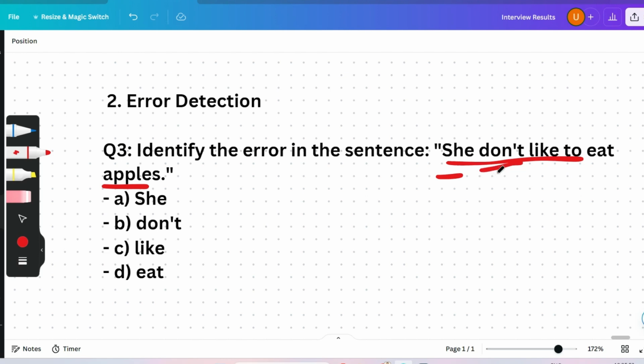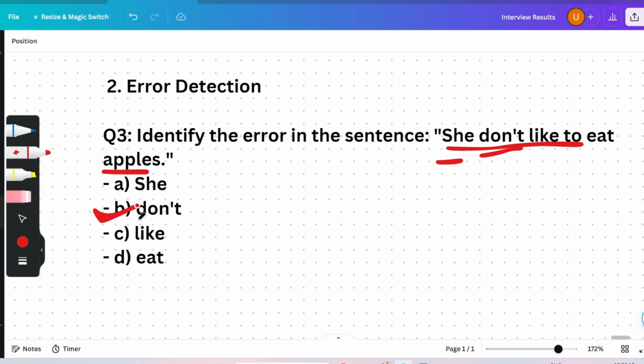If it is in the present indefinite tense, then we have to use doesn't. We have to use s or es along with the verb. So I hope you understood. So she doesn't like to eat apples will be the correct answer, but here don't is used, so that's why the fault is this. I hope you understood.